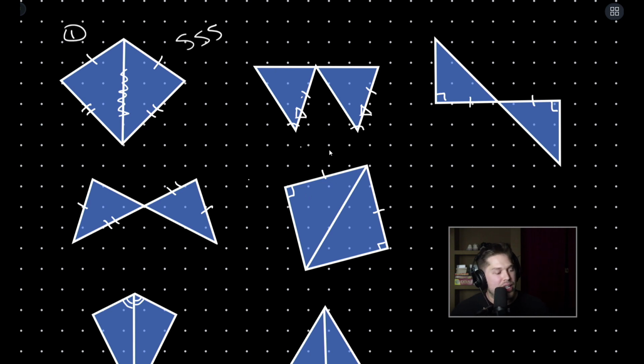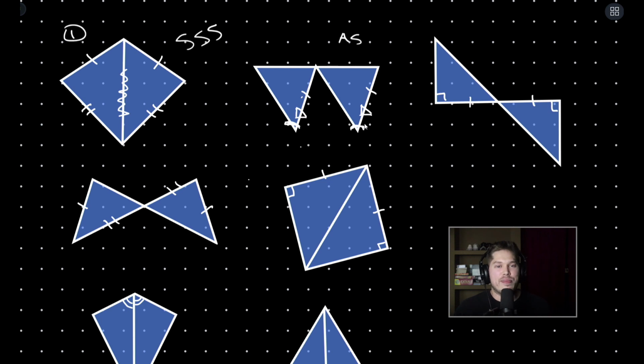Let's check out this triangle. Here might be a little harder to tell, but this angle is matched with this angle. So we have an angle. And then this side matches this side, so we have a side. And this triangle here tells us that this line is parallel with this line.